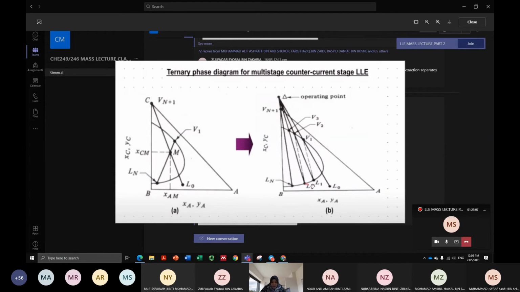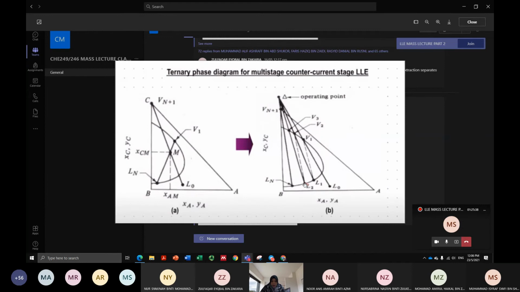Jadi your number of stages is 2 point something. How to calculate 2 point something? You measure everything. The length between L2 to the last L. So let's say this is L3 dekat sini. Measure lah L2 sampai ke L3, berapa dia punya length.